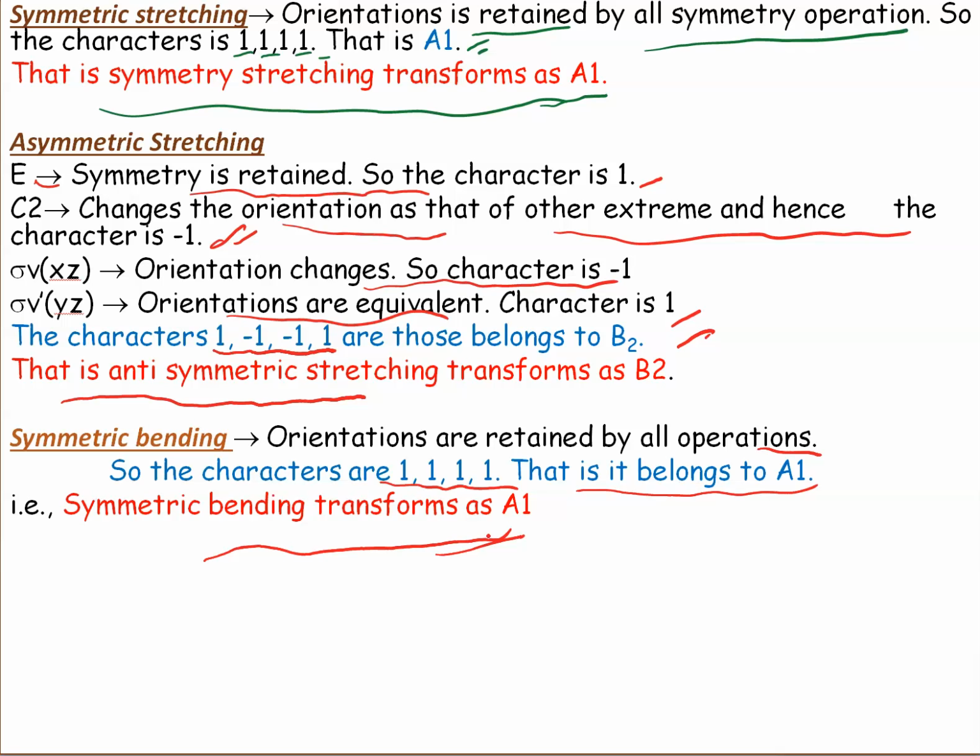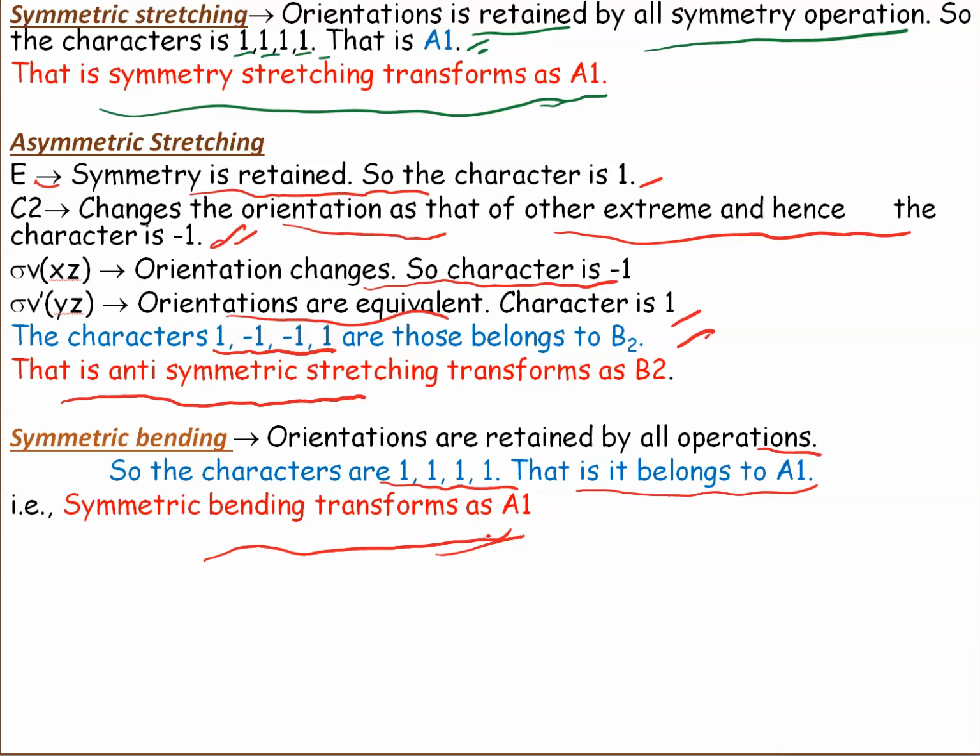From this character table, we can find out which are the translation degrees of freedom and which are the rotation degrees of freedom. It is very simple. Translation degrees of freedom are x, y, z. The symmetries corresponding to x, y, z are the translation degrees of freedom, and the symmetries corresponding to Rx, Ry and Rz are the rotation degrees of freedom. From the total representation, subtract gamma translation and gamma rotation, we get gamma vibration.